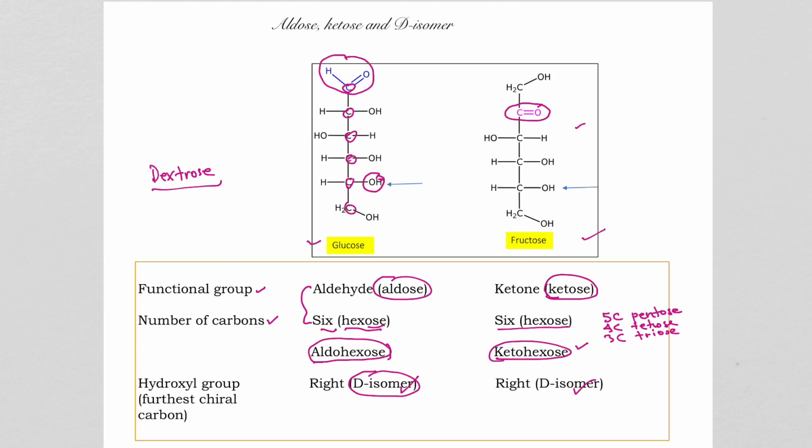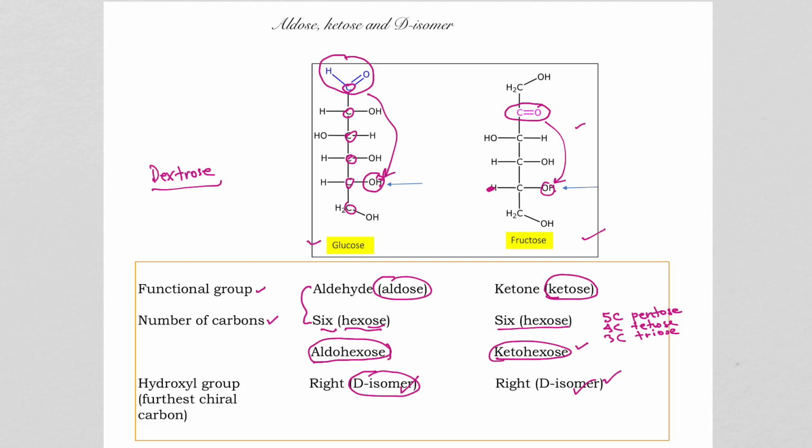This is the hydroxyl group furthest away from the functional group aldehyde. Similarly, this hydroxyl group is the furthest away from the functional group ketone. When this hydroxyl group is drawn on the right-hand side, we call that the D isomer. If the hydroxyl group is drawn on the left-hand side, then that will be an L isomer.